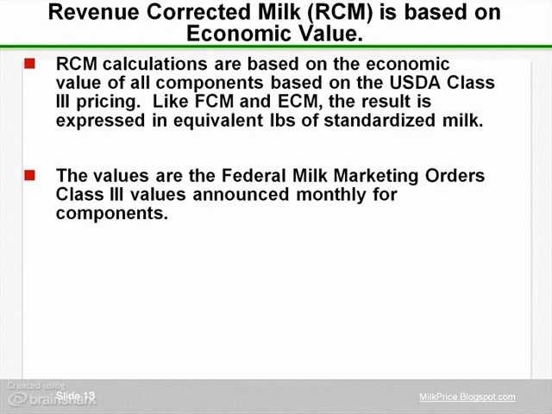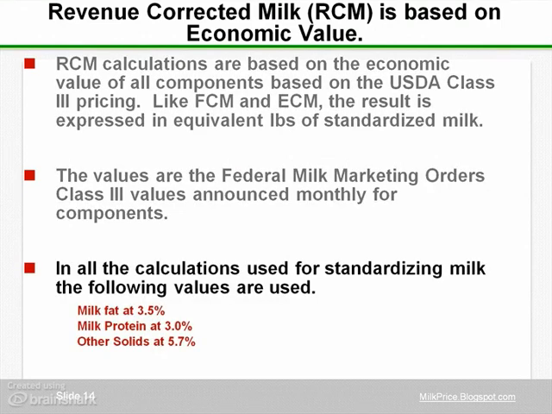Compared to fat-corrected milk or energy-corrected milk, please note that the changes in weighting among components are very different. Protein now has twice the weighted value of fat, the opposite of the relative values based on calories. In all the calculations used for standardizing milk, the following values are used.